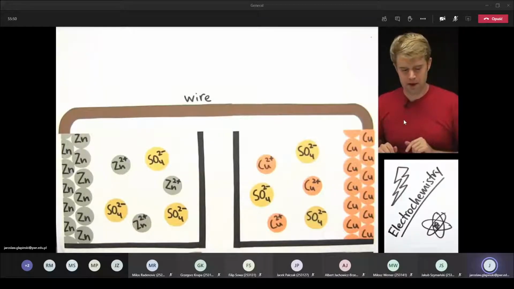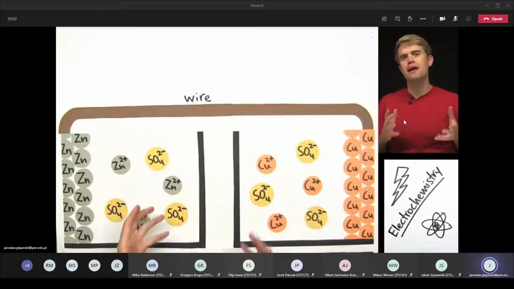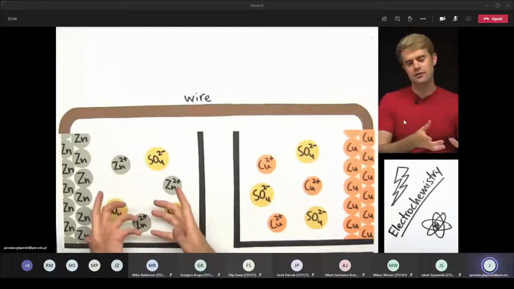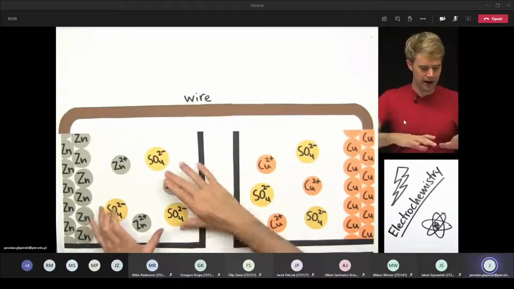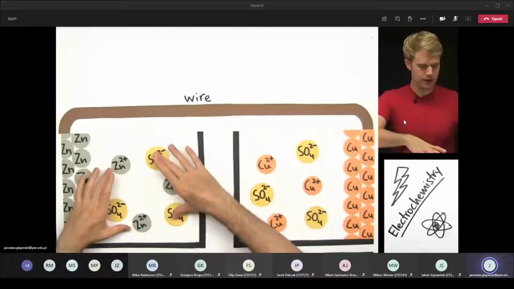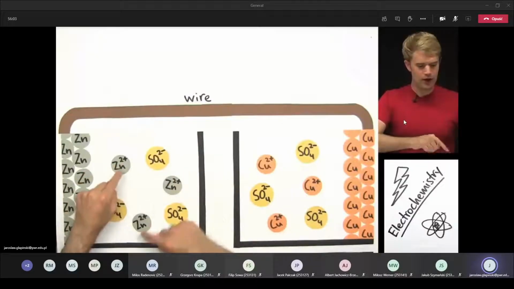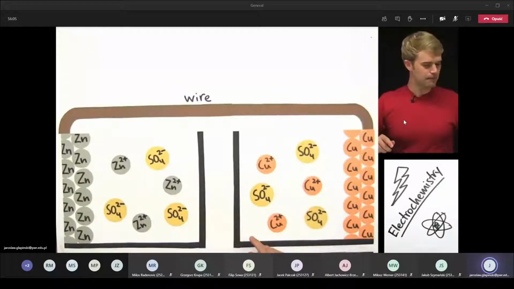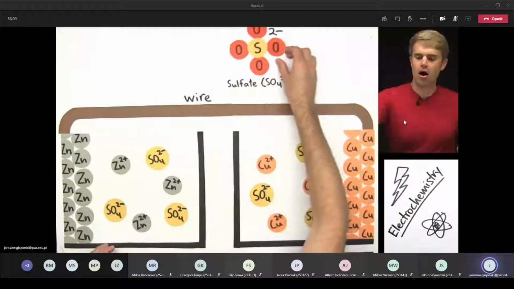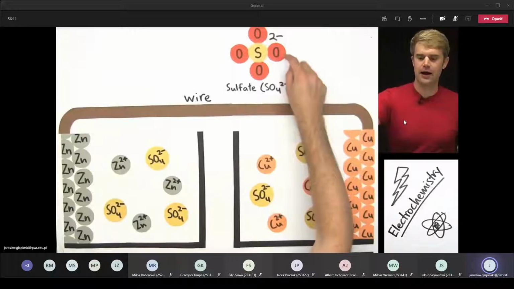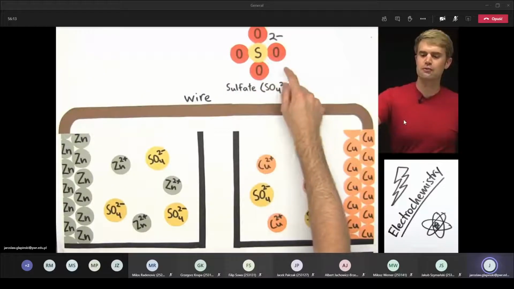Here's what I mean. The two solutions are made up of both positive ions and negative ions. I didn't show the negative ions before. Those are these yellow things. I just showed the zinc and the copper. But along with these metal ions are these polyatomic ions, sulfate, SO4 2-.